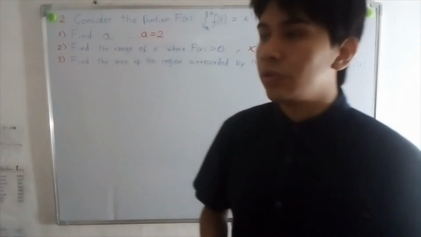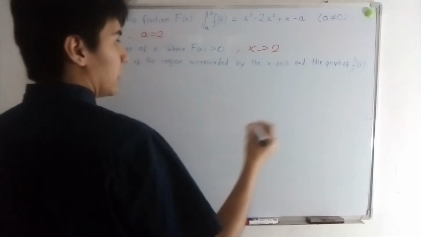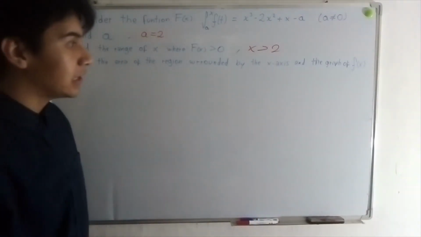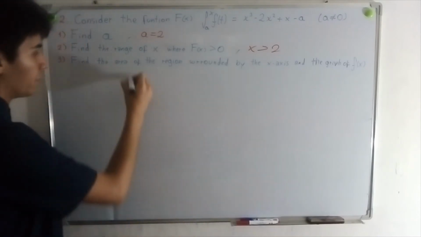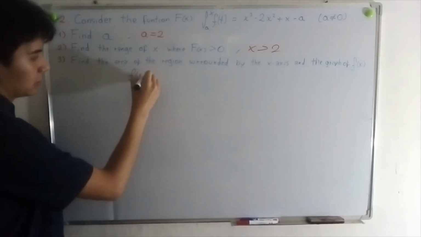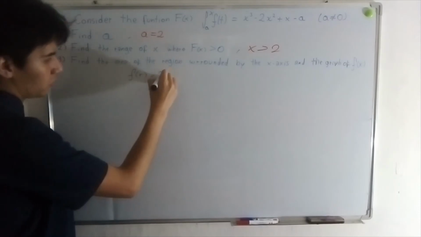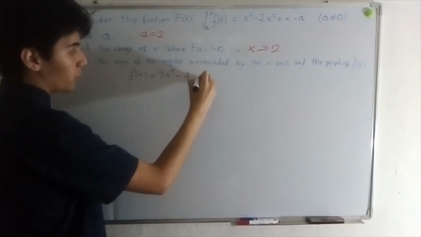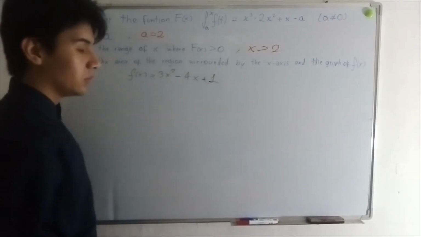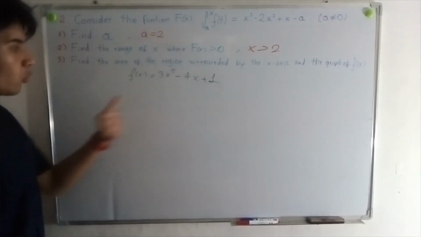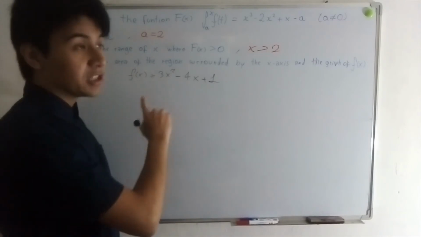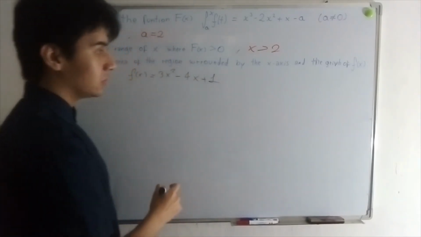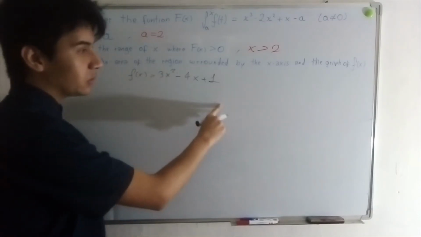Let's do it. Find the area surrounded by the x-axis and the graph of f. What is the graph f? f is 3x squared minus 4x plus 1. This is on the x-axis when this expression is equal to 0.